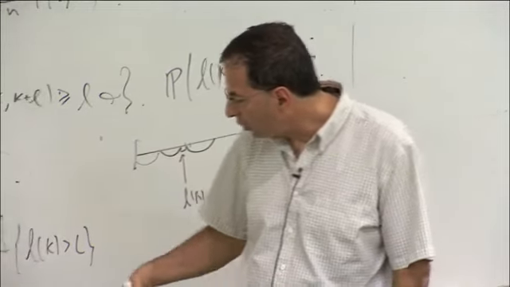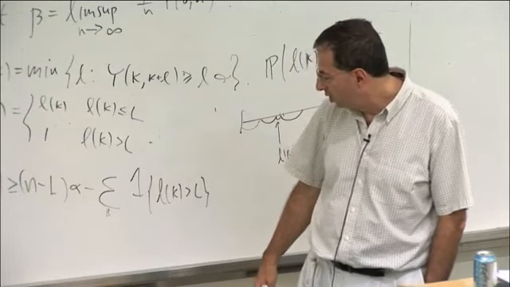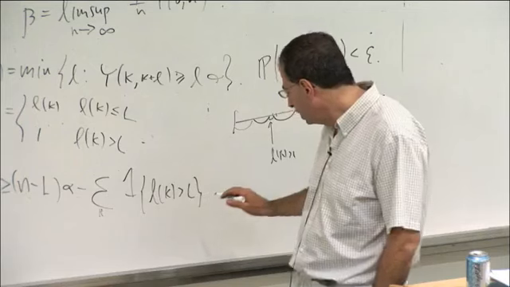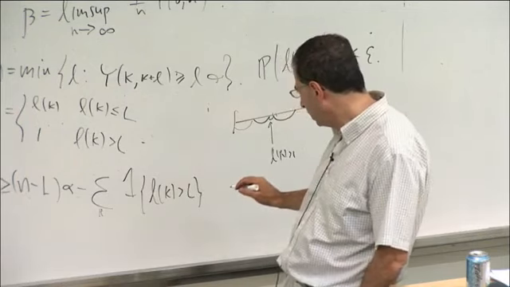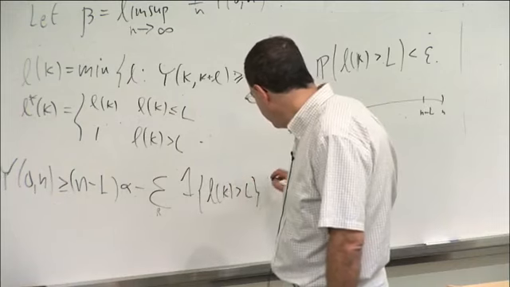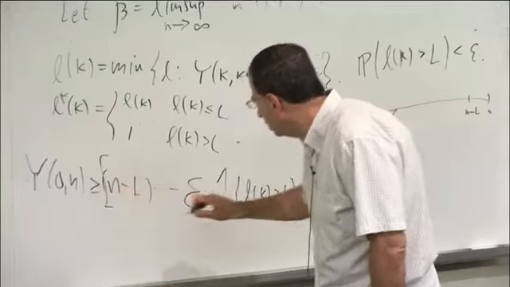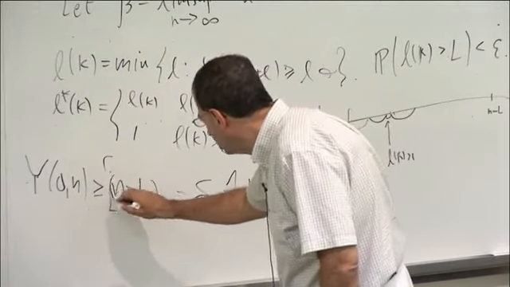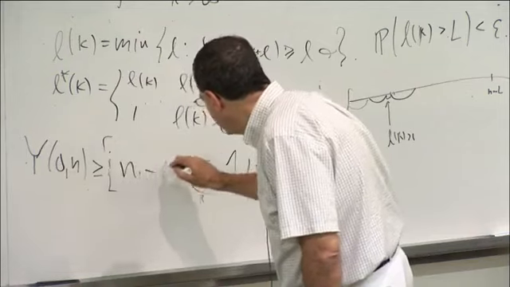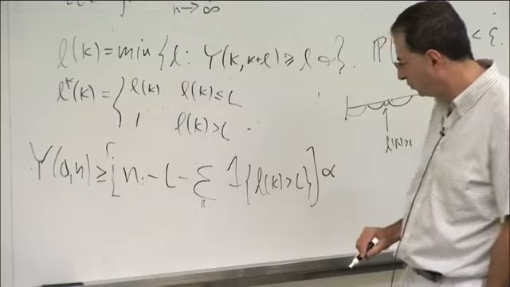So overall, from the good intervals, we'll get n minus L times their length, but we're going to lose from these. The alpha multiplies this as well. So maybe I'll write it this way: n minus L minus the sum, and all of this multiplies alpha.